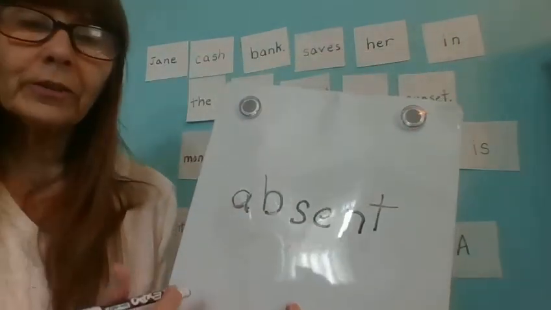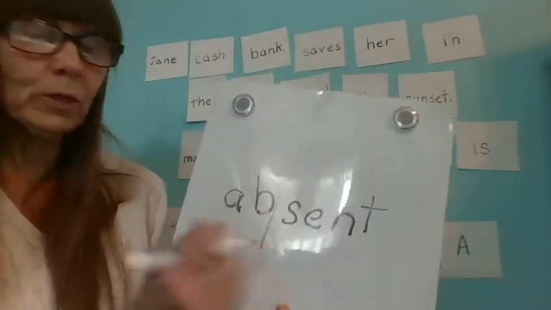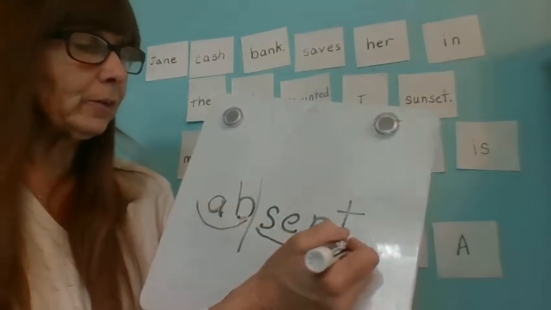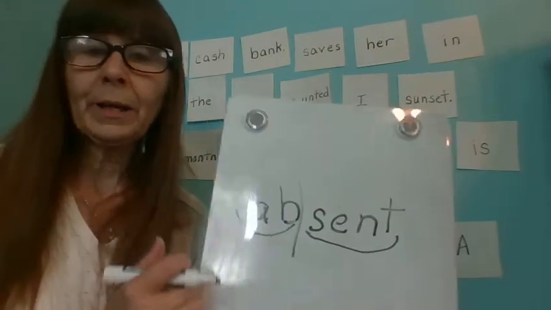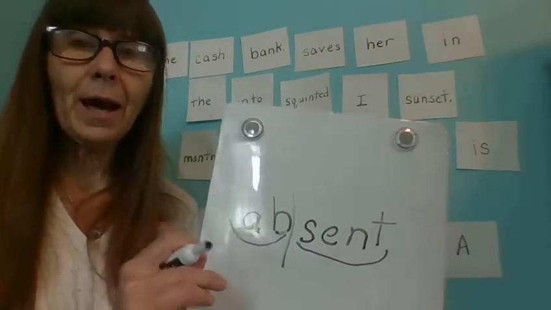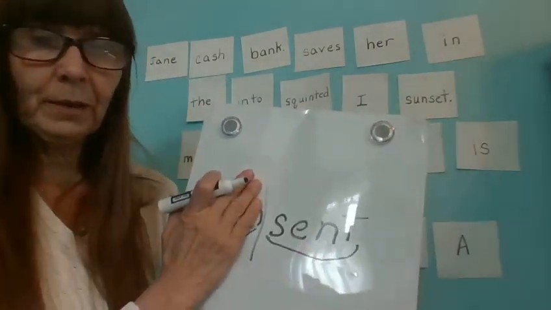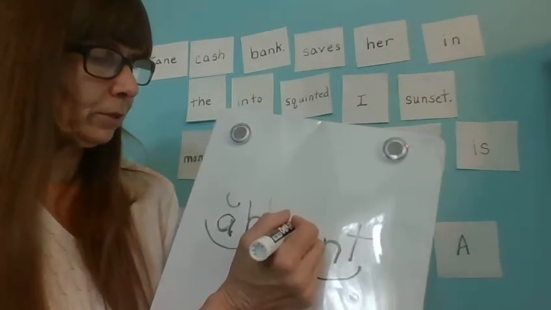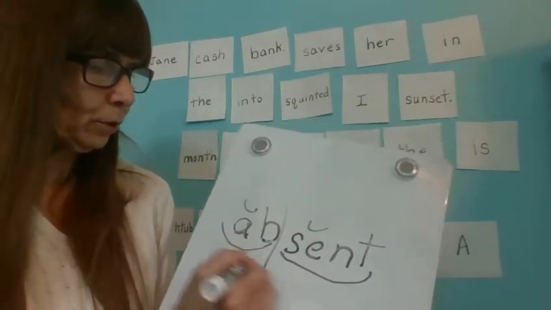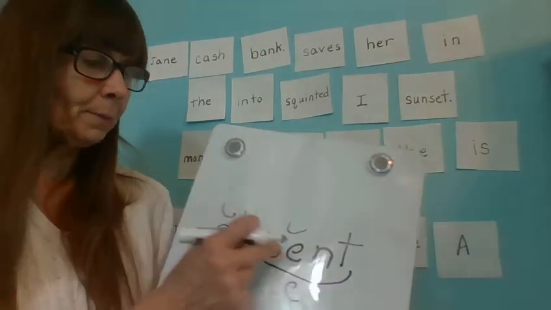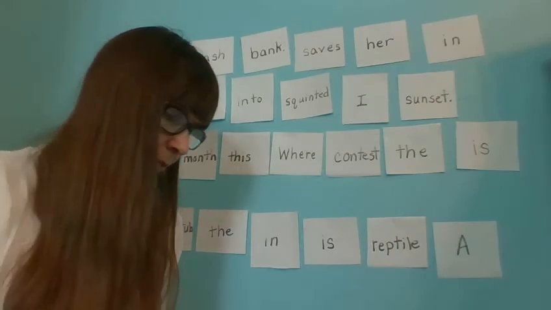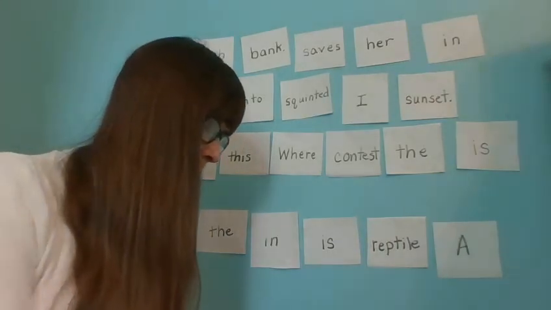We have two consonants in the middle, so we're going to split it between those two consonants. That gives us our first syllable and our second syllable. So we tap it out. Ab, ab, and then we tap out the other part. S-e-n-t. Oh, I'm sorry, I forgot to put my breves and my closed underneath. Absent, absent. Okay? Just to make sure that you're careful about that.